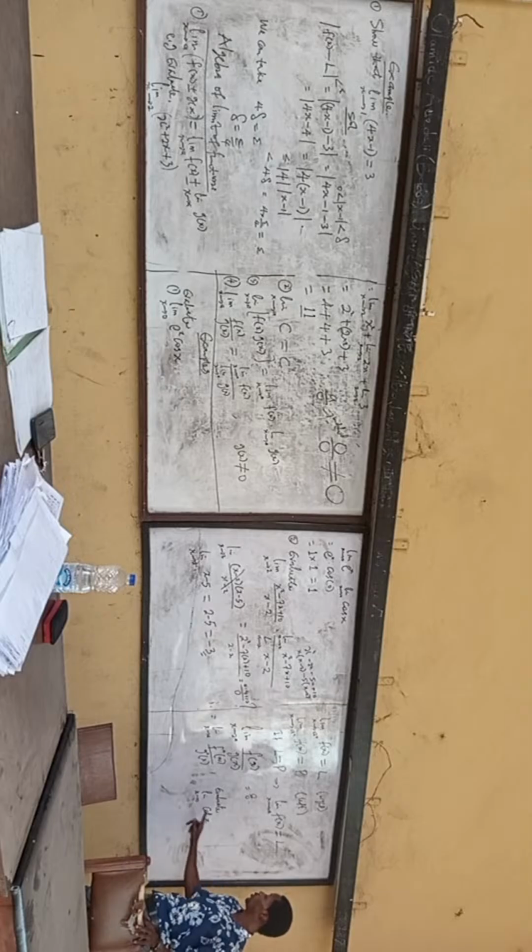Limit as x tends to 0 of cos x. What is the answer? One. How do you do that? The x is 0. So what is cos 0? You have to show it.